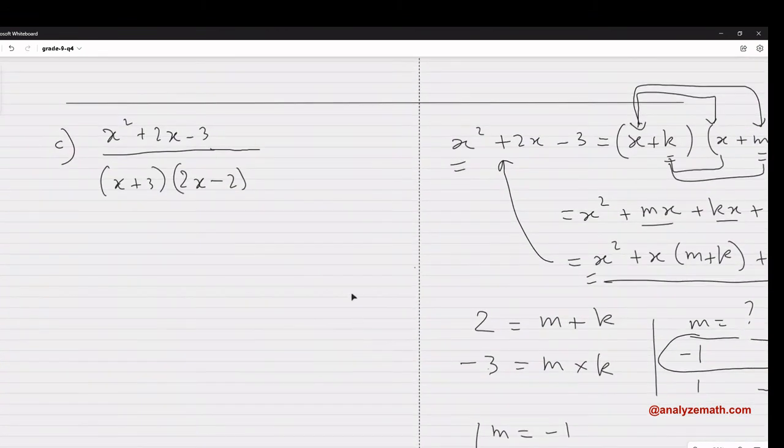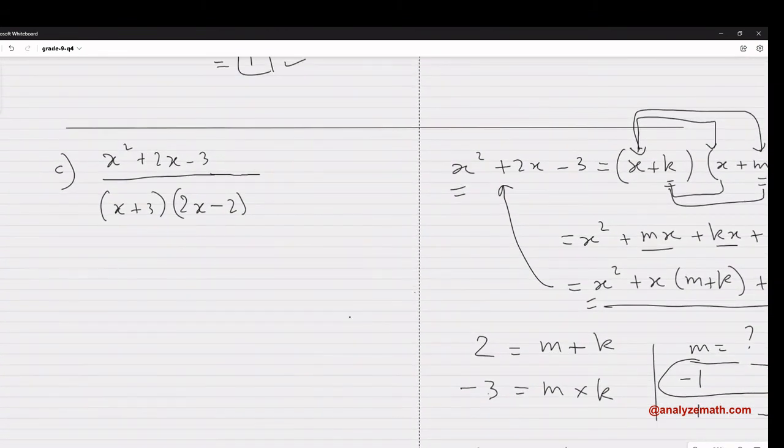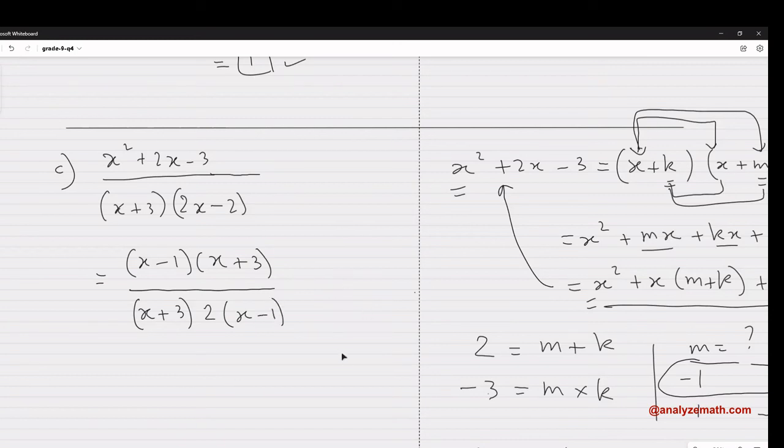Let's go to our expression and substitute the numerator by x minus 1 multiplied by x plus 3. This is what we did, we factored. Now in the denominator, x plus 3 cannot be factored anymore, but 2x minus 2 can be written as 2 times x minus 1.